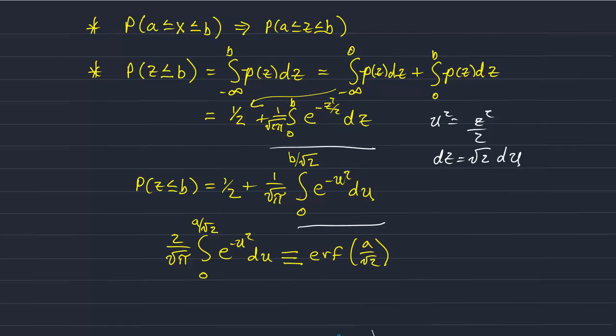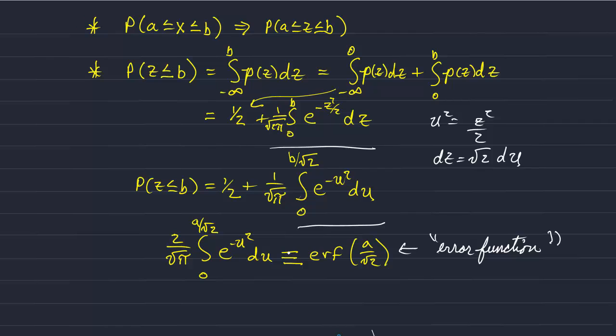So this is called the error function, or ERTH, if you will. But it just describes the solution to this integral.